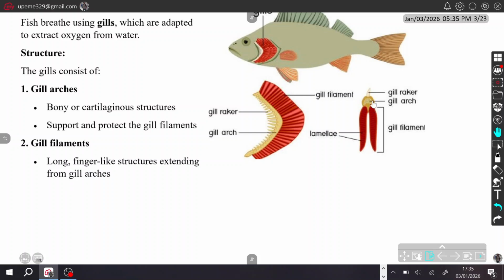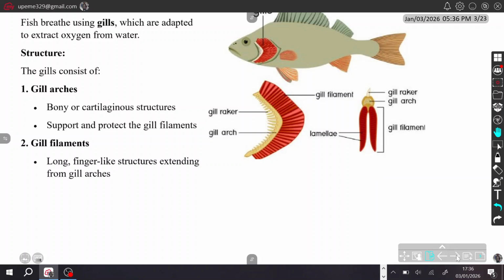When you look at it in side view, it may look like this. So gill filaments are long finger-like structures extending from the gill arc.